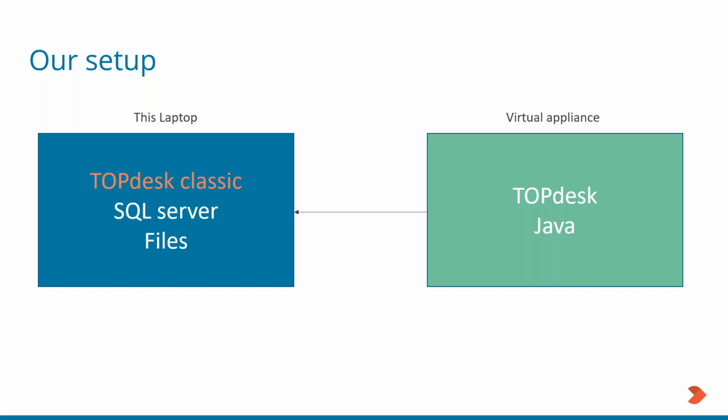In this example, the TOPdesk versions match. So both the local installation and the new installation are going to be the 2019 Q2 on-premises release. So there won't be any database mismatch issues. But if you do also want to upgrade TOPdesk versions at the same time, it's fine. There will just be an extra step along the way where you need to get the new system to upgrade the database for you.